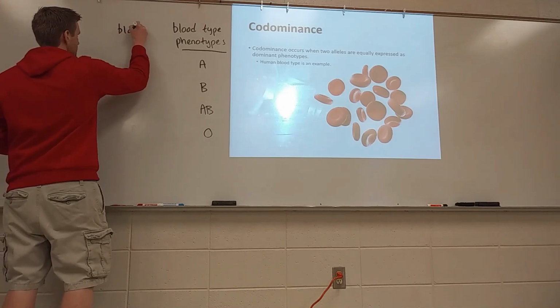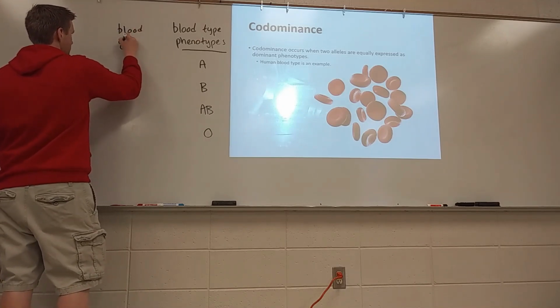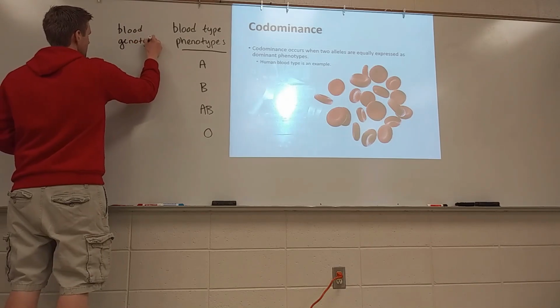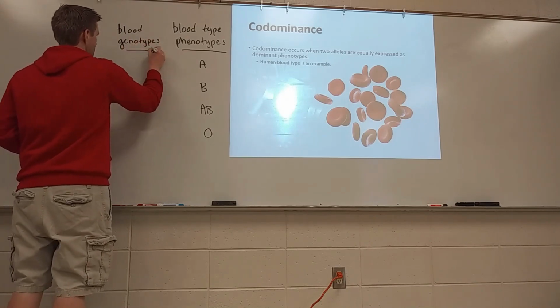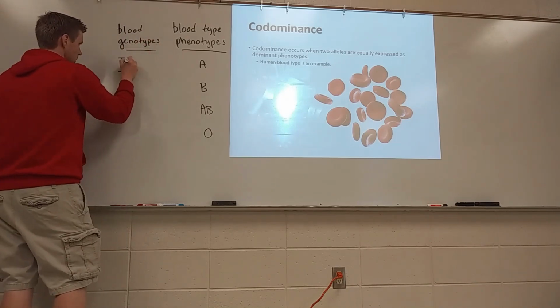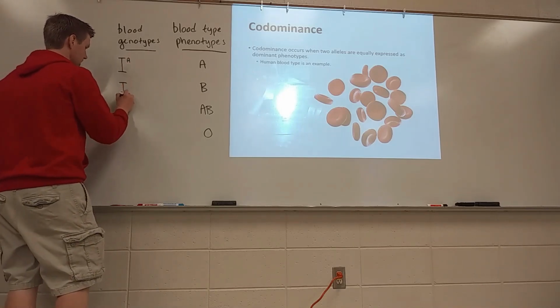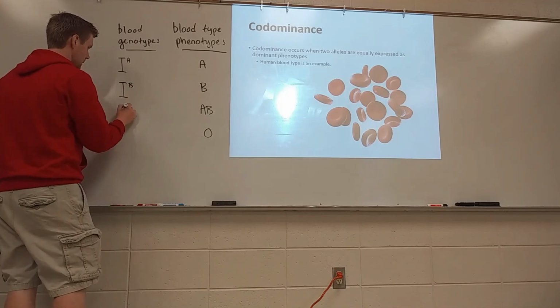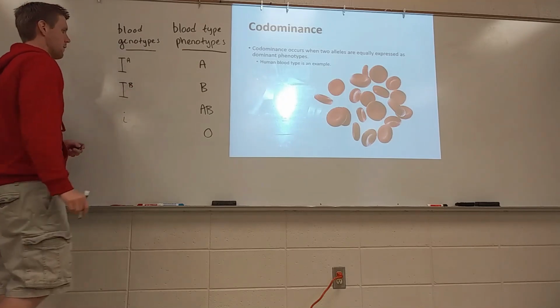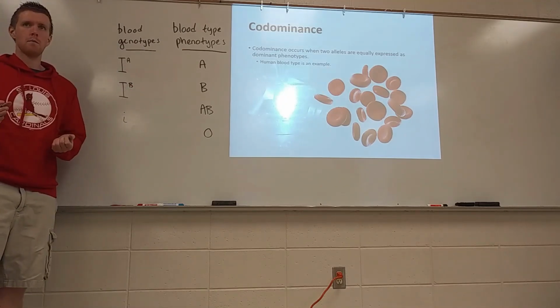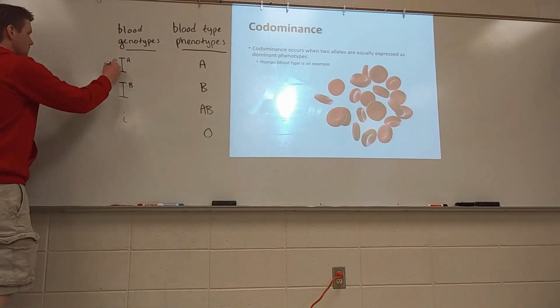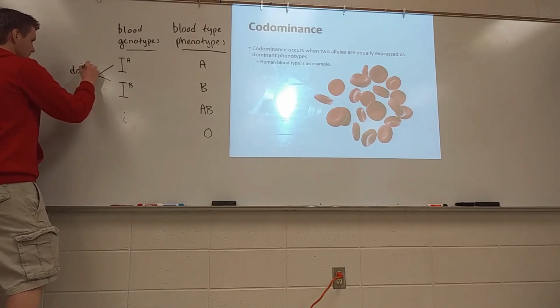There are actually only 3 blood genotypes. There is the A genotype, the B genotype, and then the recessive genotype. Both the A and B genotype are dominant.